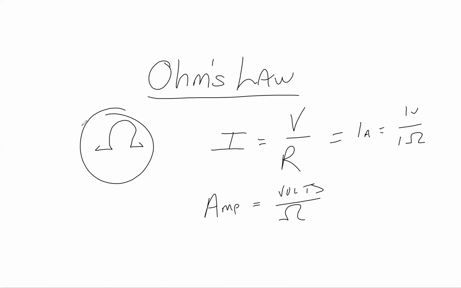So let's say we're talking about a 12-volt battery. If we have a 12-volt battery and we still only have 1 ohm of resistance, that's going to produce 12 amps of current flowing through that circuit.